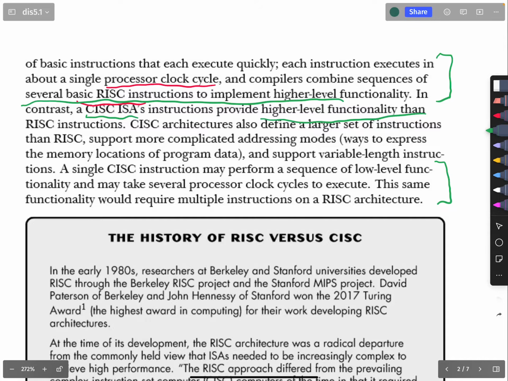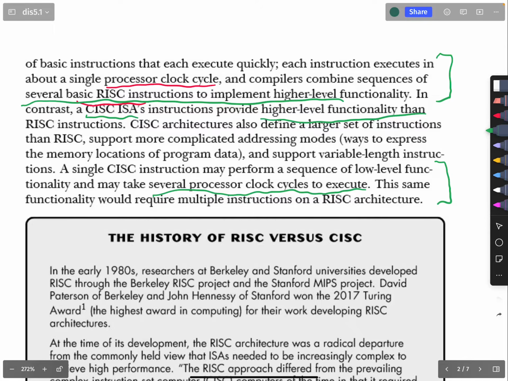It could be that a single CISC instruction performs like a RISC instruction, on basically a single pulse of the processor clock, although it might instead take several processor clock cycles to execute.